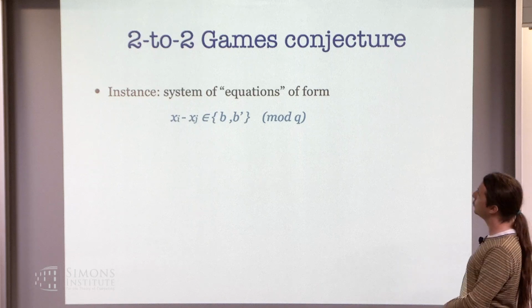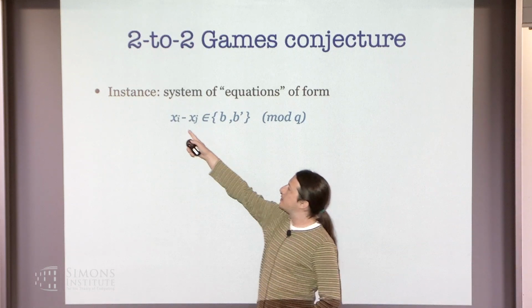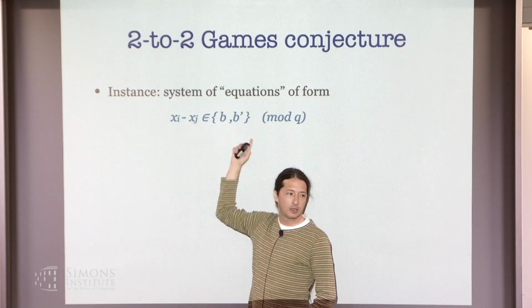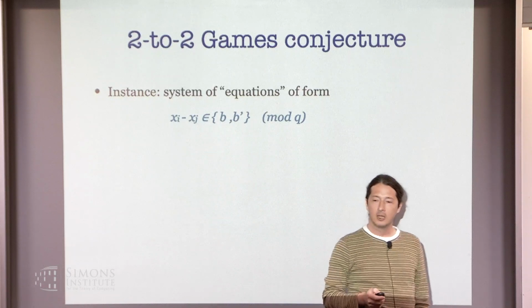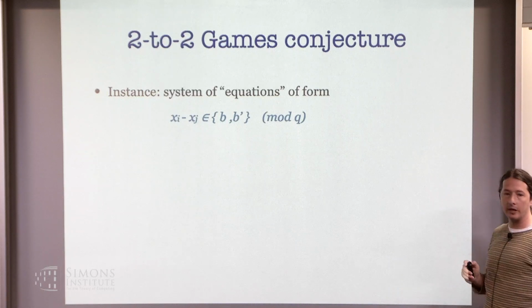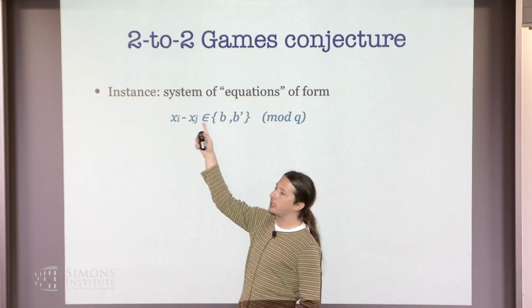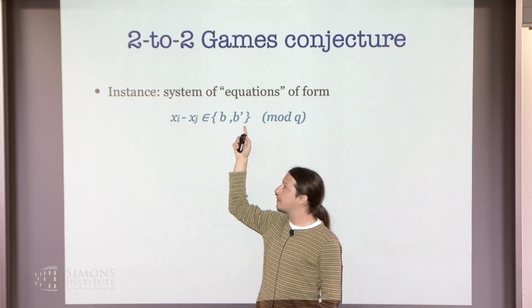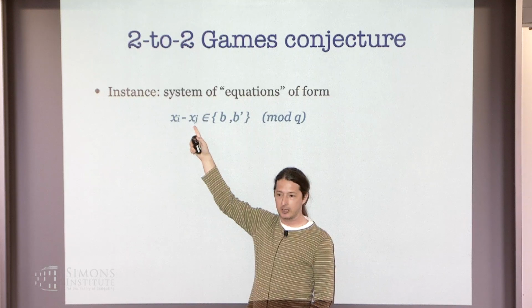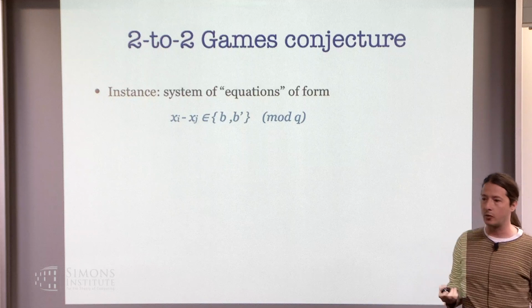So here's the 2-to-2 games conjecture. So you remember that in the unique games, we had a system of equations mod q. That's a good time to say why it's called a unique game, right? When you have an equation, xi minus xj equals 7, this means that for every assignment for xj, there is a unique assignment for xi, which makes this equation true.